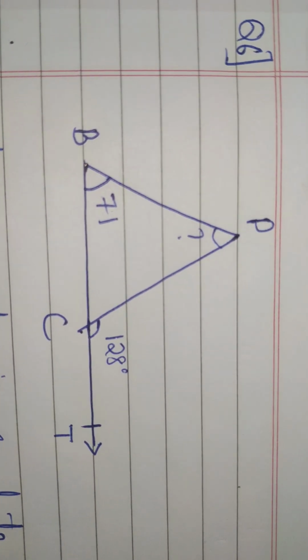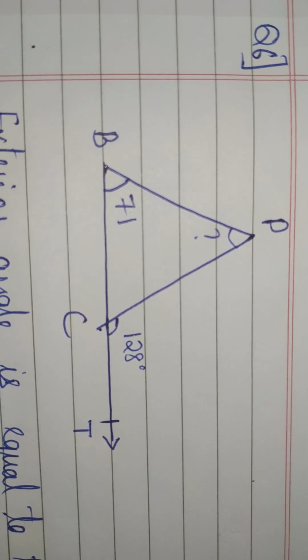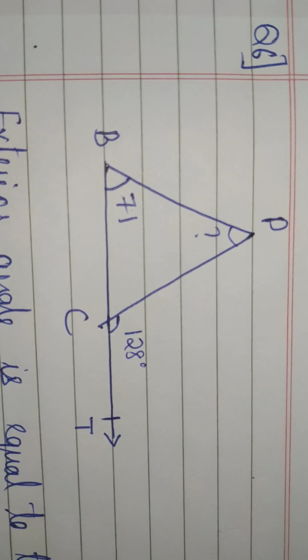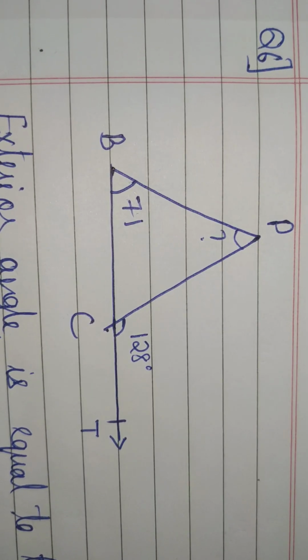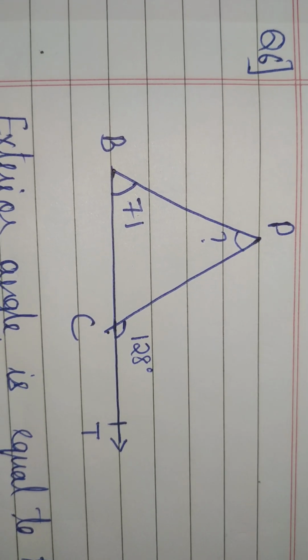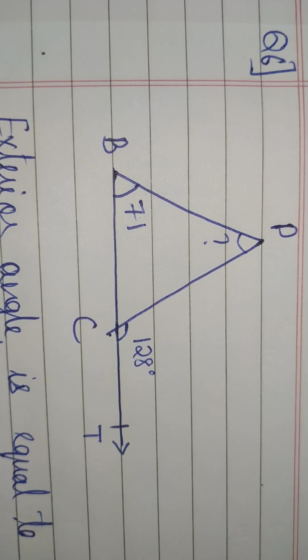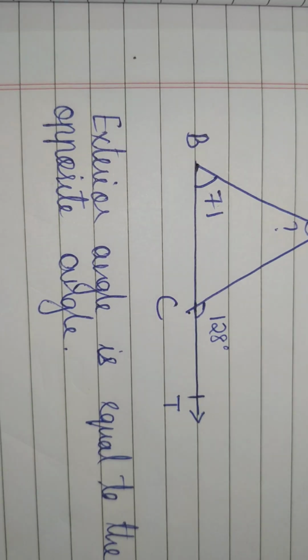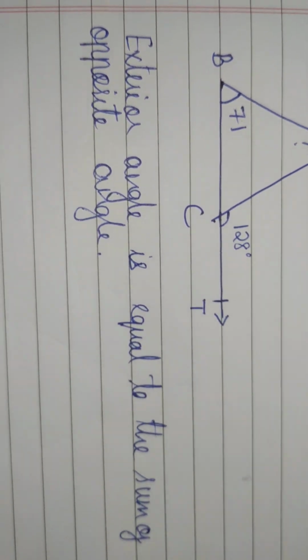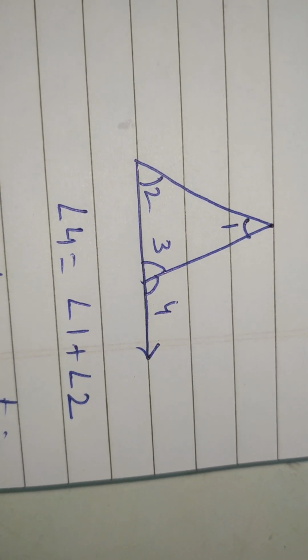Students, I have drawn the triangle, and the exterior angle PCT is equal to 128. Angle PBC is given as 71. I need to find angle BPC. We know that the exterior angle is equal to the sum of the two interior opposite angles.